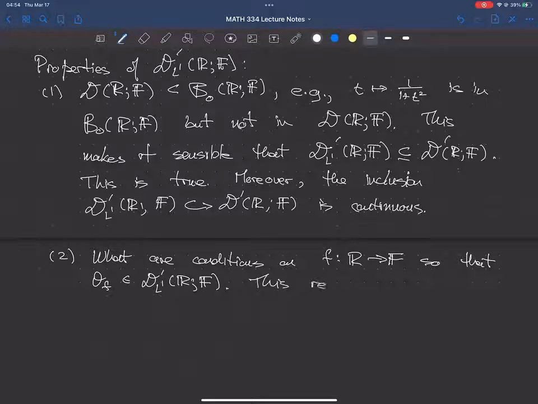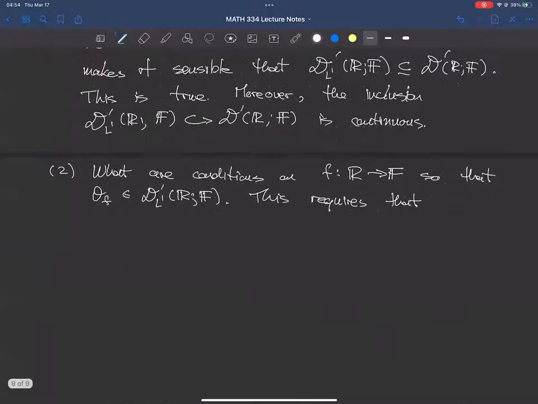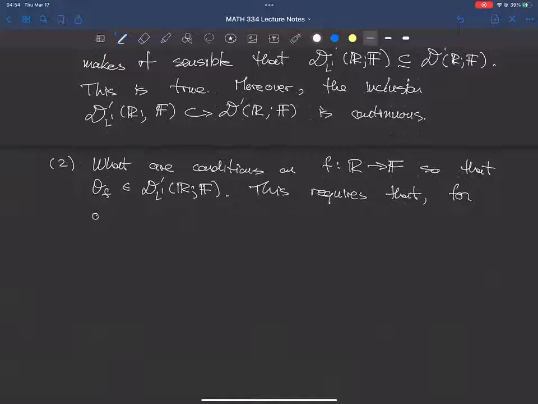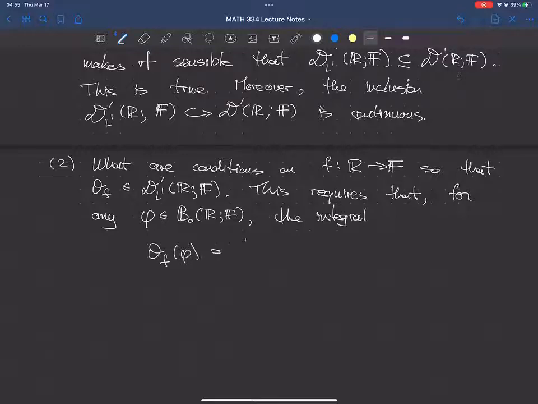This requires that for any phi, and now you take phi to be in the space of test signals for the distribution space you're talking about, and for us that's B0, the integral theta F of phi, and I'm being a little bit vague here, must exist.